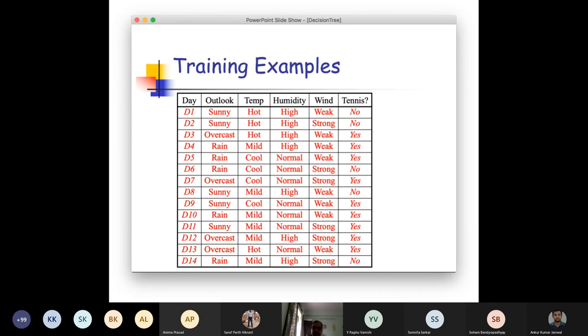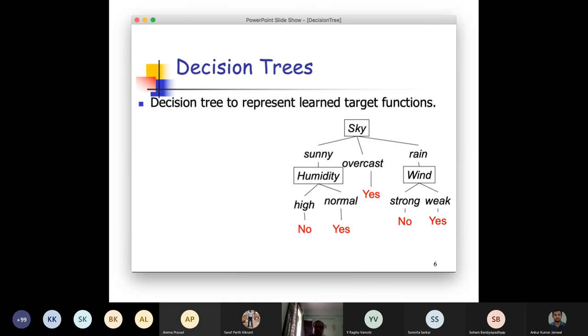Here it is 4 attributes, and we also consider whether we should play tennis with that condition or not. So there are 2 conditions, either yes or no. And the example of decision tree is given with respect to this only. So this is the decision tree that we have already considered.